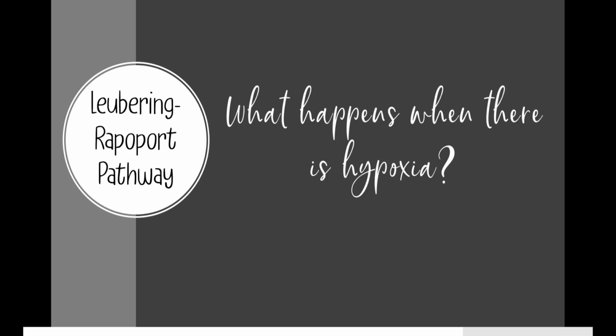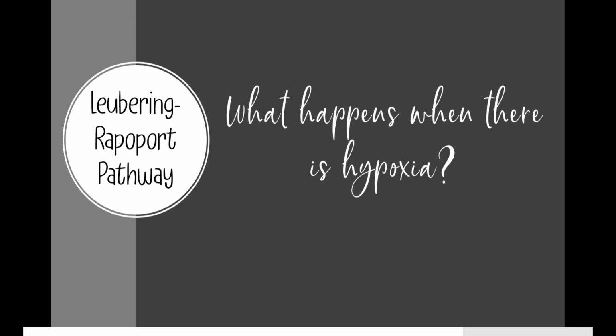Now, you may be wondering if 2,3-DPG becomes depleted. Well, not literally depleted, but it becomes saturated. Free 2,3-DPG becomes saturated and becomes bound to hemoglobin. So it is more of a depletion of the free 2,3-DPG.